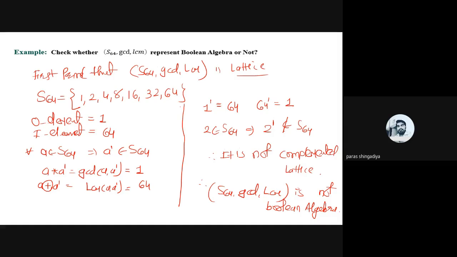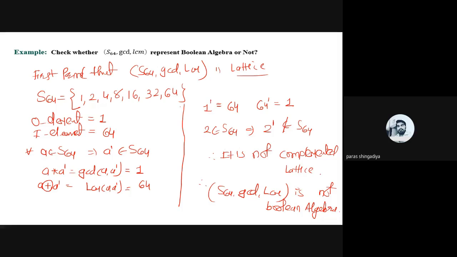But for 2 to 4 mark questions, first check how many marks are mentioned for the question. For this type of question, we just find this condition: we cannot find the complement of each entry. Here for 2 we cannot define it, and therefore it is not complemented, and therefore it is not a Boolean algebra.